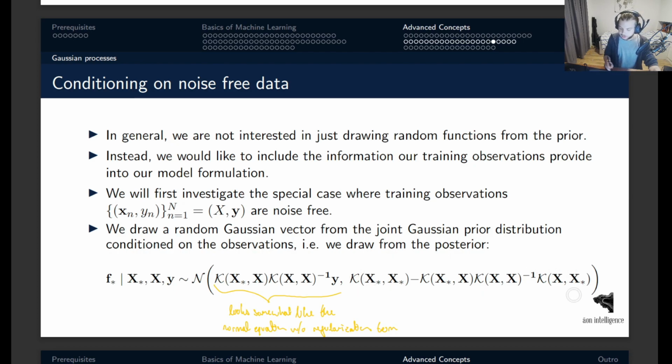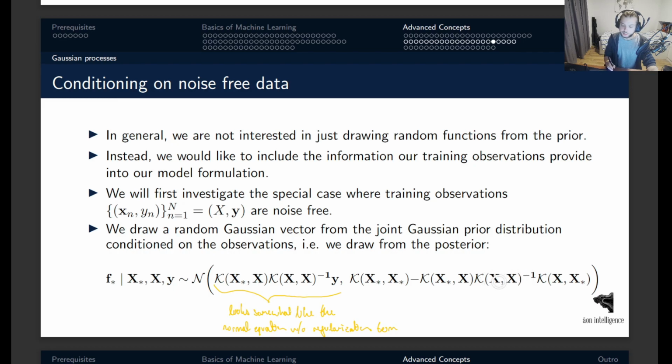But now let's have a look at this covariance matrix. So it consists of two parts basically. So this is the covariance matrix for our test observations. It's the statistical relationships between these observations. And in that we measure the uncertainty associated with the test observations. And by conditioning on the training data, which should provide us with some information about the relationship between inputs and outputs, we're able to subtract uncertainty from this covariance matrix.